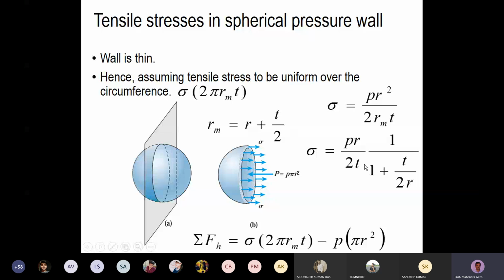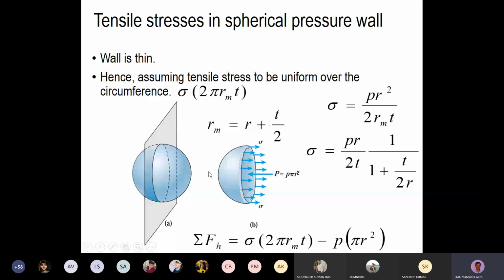So this is the exact expression. If the thickness is very small compared to the radius, that is the interior radius, then this term can be neglected, and we'll have stress is equal to p r by 2t. So stress is directly proportional to the internal pressure, and directly proportional to the radius.